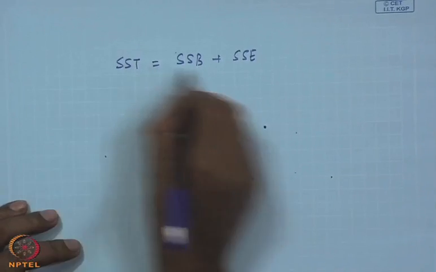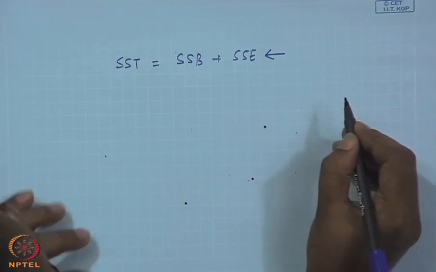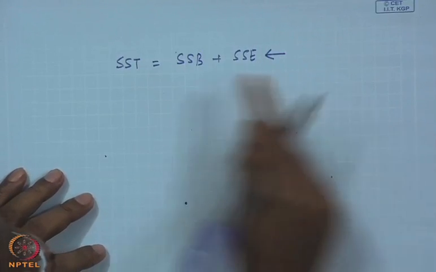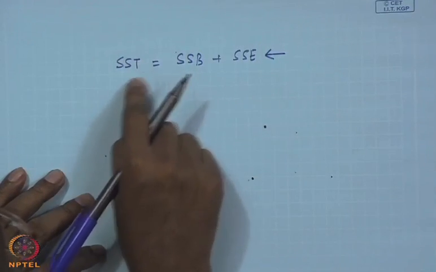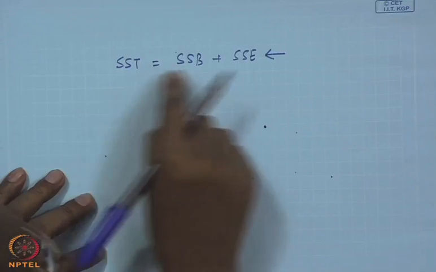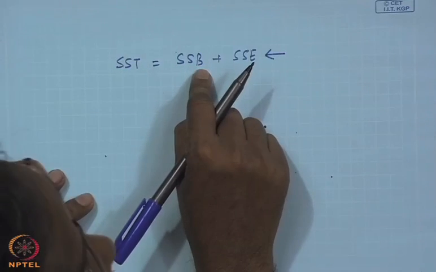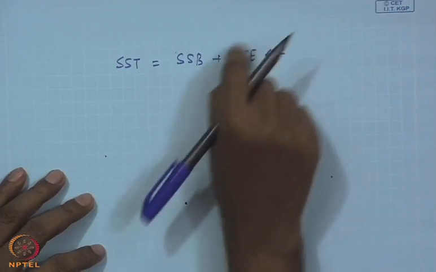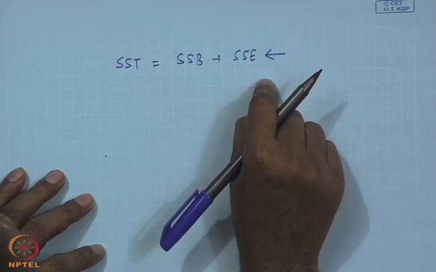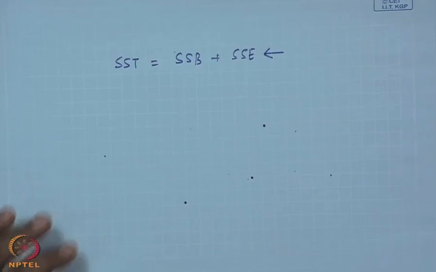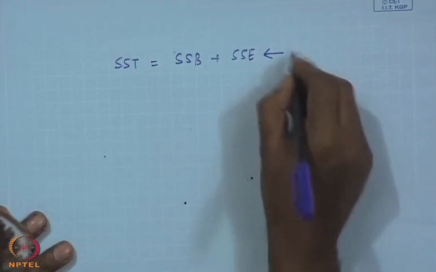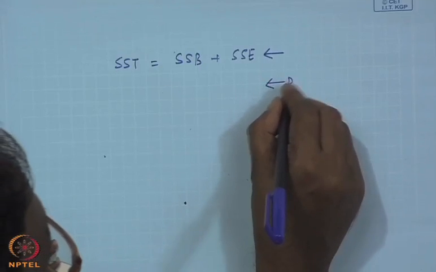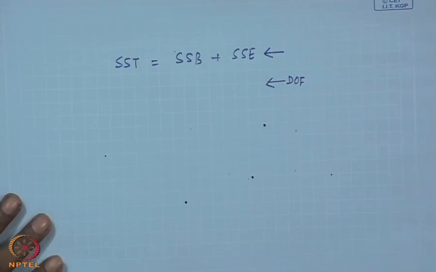So, this is known as decomposition of the total variability into between population variability and error variability. Okay. So, now we have to see the degree of freedom part, degree of freedom.